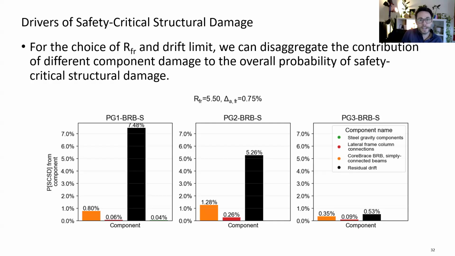And here I'm showing the breakdown for designs that have an RFR of 5.5 and the 0.75% drift limit that we selected for BRBFs with simple connections, and showing the three performance groups that are part of that system. And what you can observe in this case is that actually residual drifts are an important driver of safety critical structural damage for buckling restraint brace frames, a lot more so than damage to the braces or damage to the gravity system.